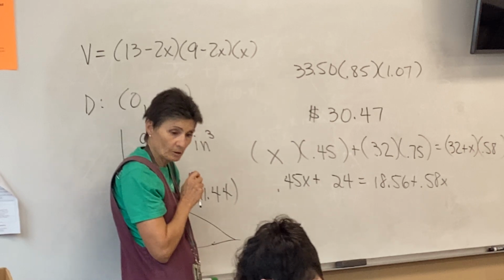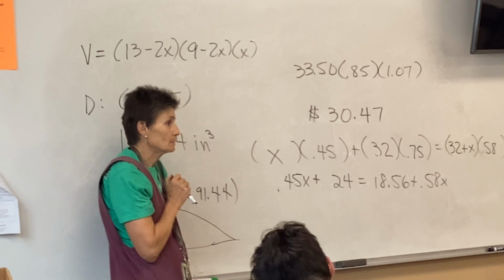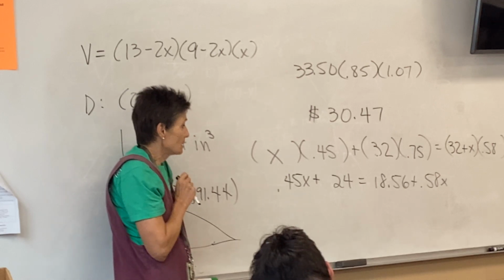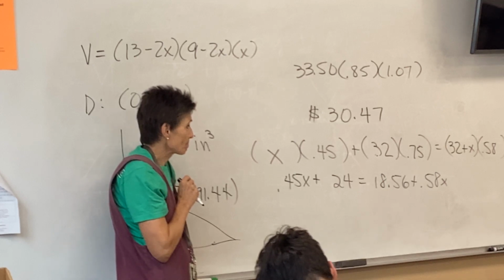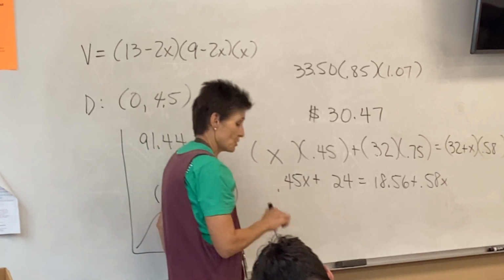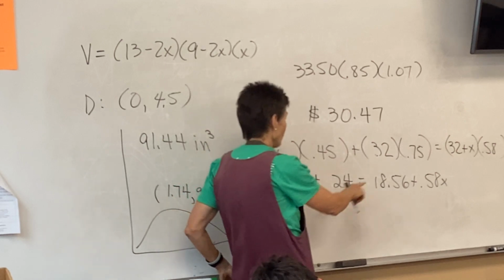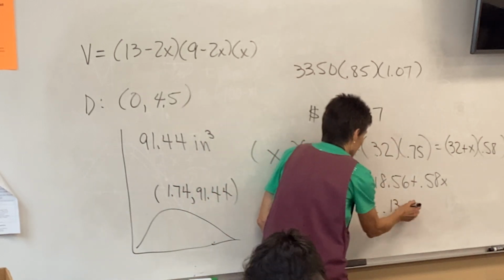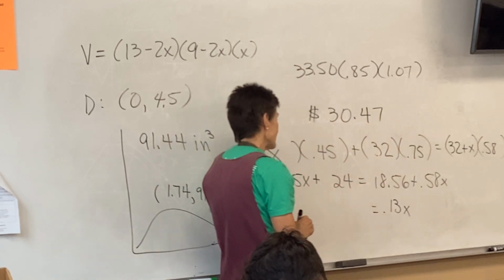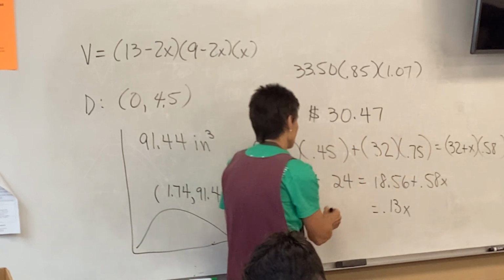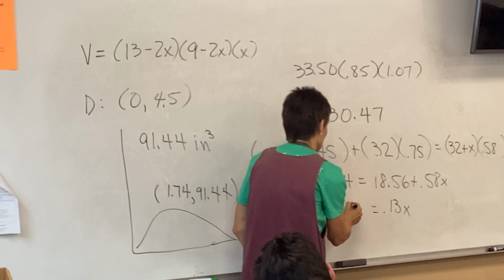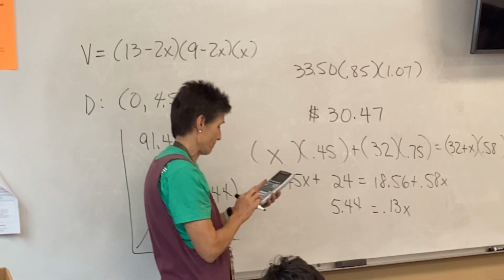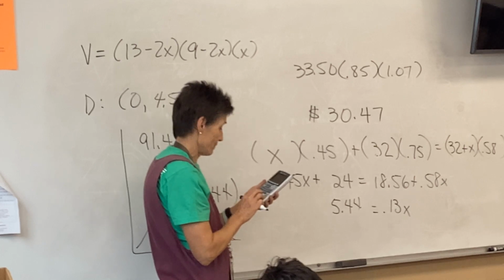How's that equation look? Okay to you? So now you're going to move things around to solve it. I would probably subtract the 0.45 and subtract the 1856. And I probably should use my calculator because I'm old.